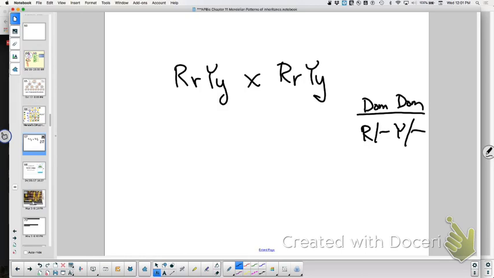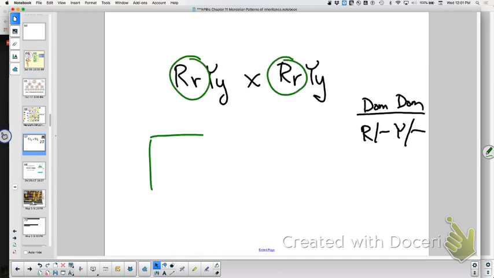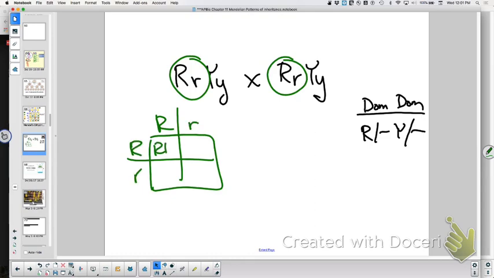If we wanted to figure that out, how many show the dominant trait, what we want to do is do individual Punnetts. First, just Punnett out your R's. Are we all right with that? Then Punnett out your yellows.